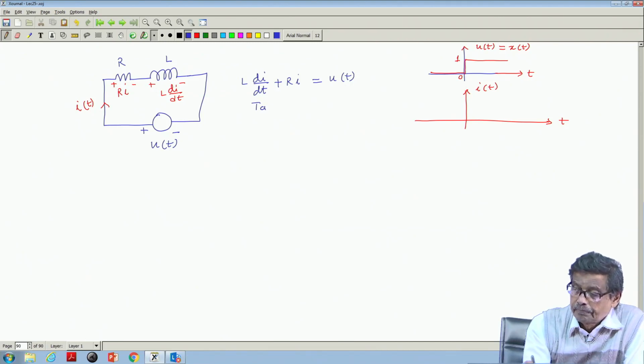Take these points, you just try to note, take Laplace transform of both the sides.